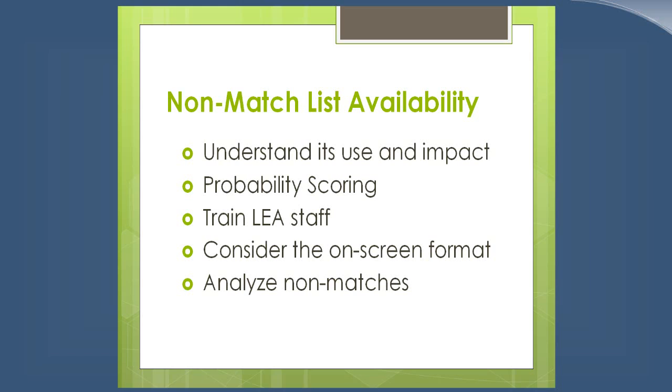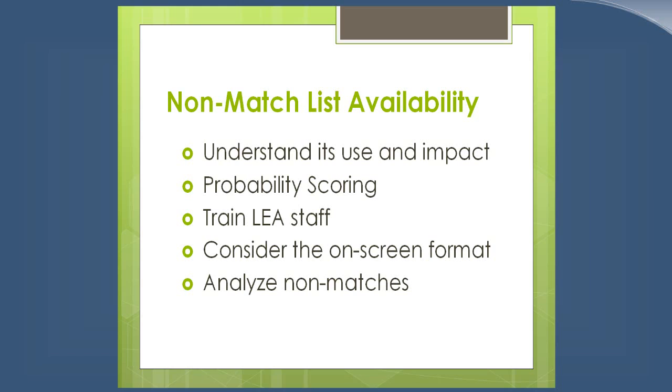So what I would suggest is that if you have a non-match list or a potential match list, don't make an assumption that people are actually using it or know what to do with it. Make sure that is an important training component. Again, there are a lot of kids that can be picked up through this avenue, and it's a very easy way to find and identify additional direct certifications in your system.